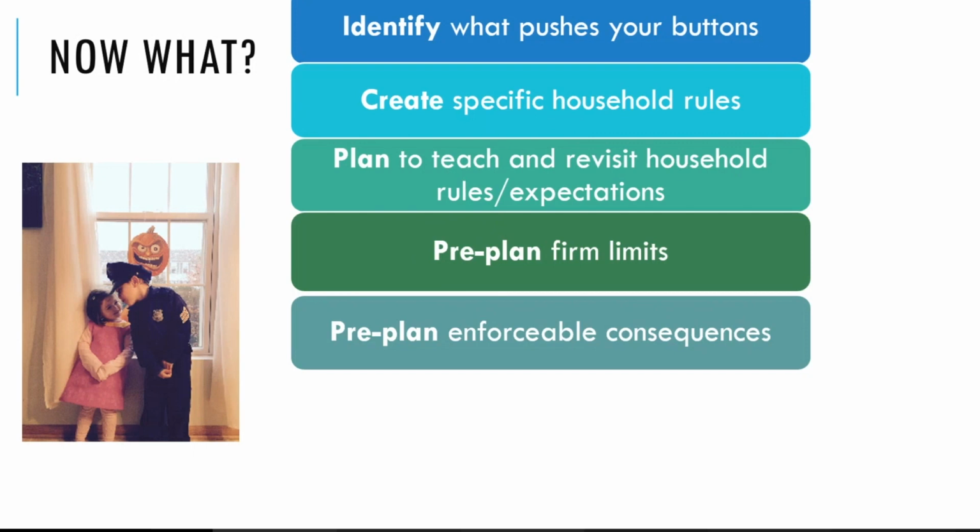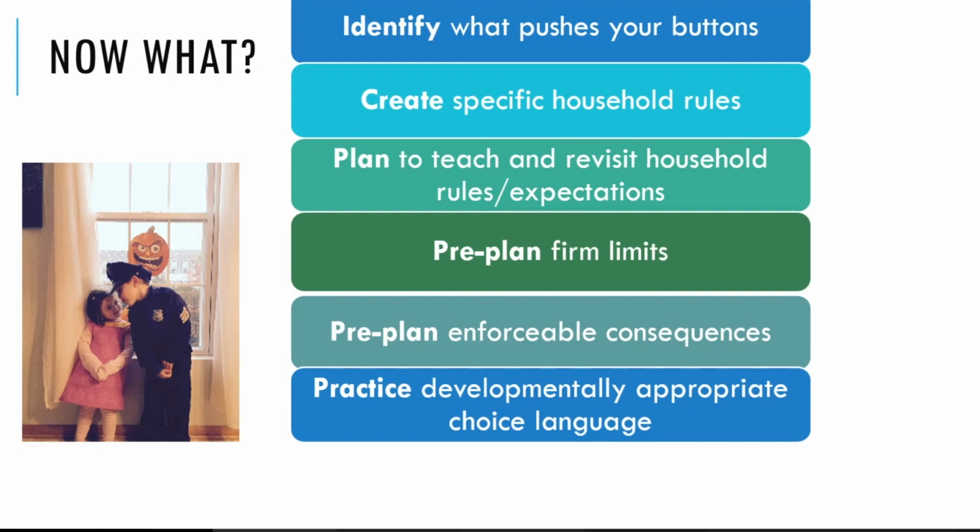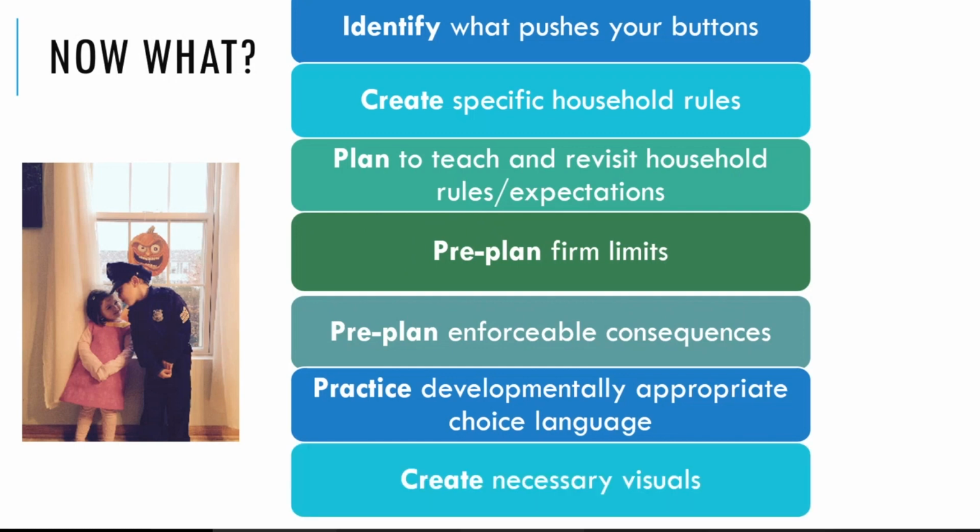When you talk about those firm limits, especially if you have your kids involved in this part of the plan, let them come up with the consequences if they break a limit, because you'll find out they're much harder on themselves than we would be. Practice developmentally appropriate choice language. And we talked about that choice language just now. And finally, create necessary visuals. And if you need any type of support when it comes to visual supports for your child, please contact us at Fiddlers, and we will be more than happy to help you with some visual supports if we can.